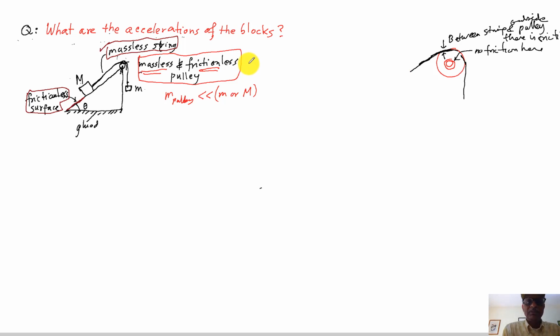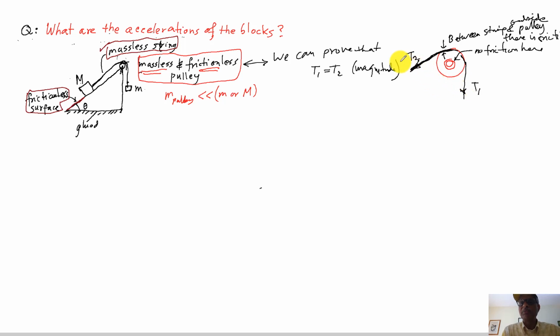Under this condition, we can prove that the tension on this side, let's call it T2, and the tension on this side, T1, have to be equal to each other in magnitude.